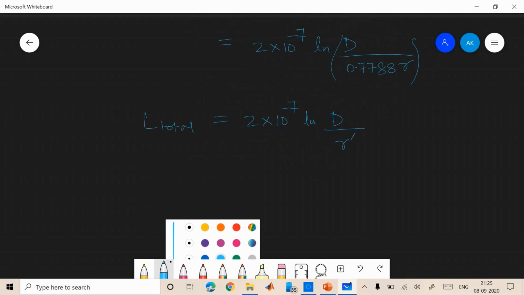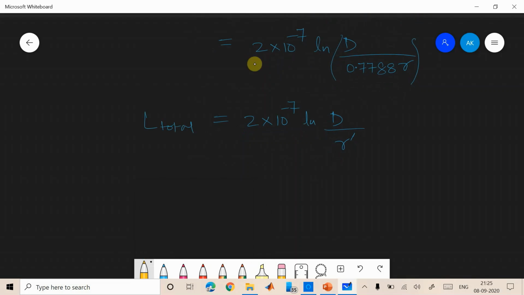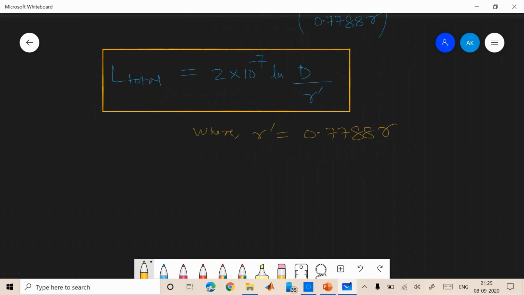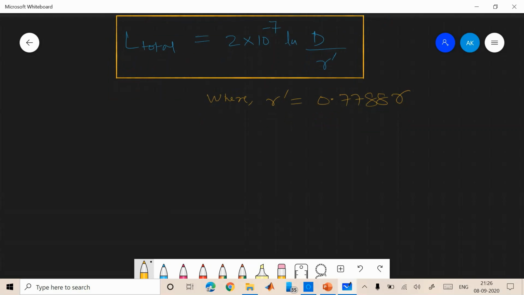so this is your L total. L total for what? For an isolated conductor, where your R dash is how much? R dash is equal to 0.7788 R. R is your physical radius. R dash is not your physical radius. R dash is equal to 0.7788 R. Okay.